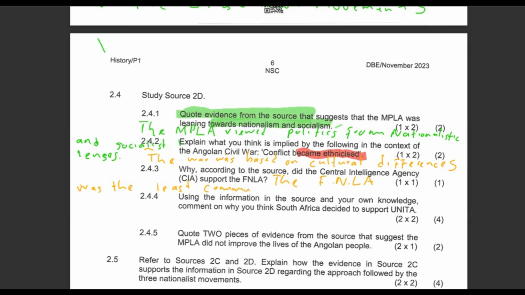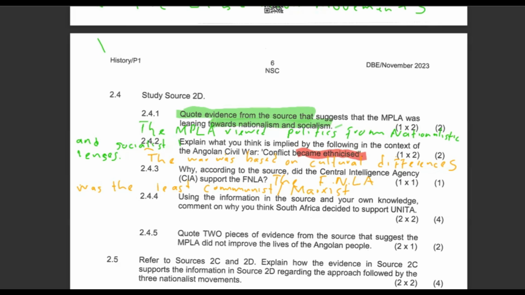It simply means the same thing. So remember, the CIA is an American organization, so they tend to support organizations which are more capitalist than communist or Marxist. So that is the reason.